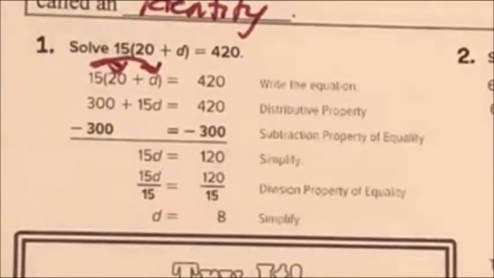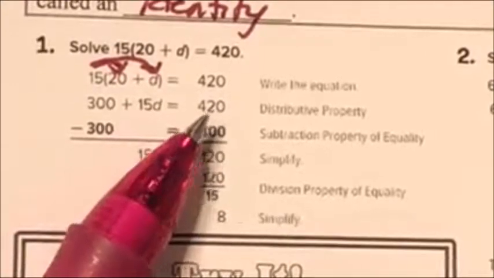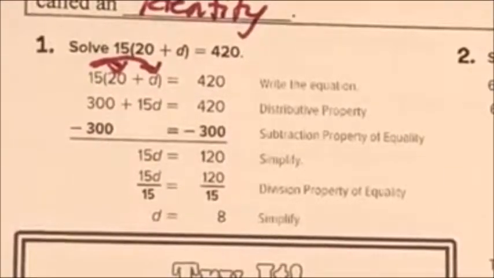So I want to distribute the 15 to the 20 and the 15 to the d. Okay, 15 times 20 gives me 300. 15 times d gives me 15d. Okay, then I have 420 because that's what it equals. So I have 300 plus 15d equals 420.